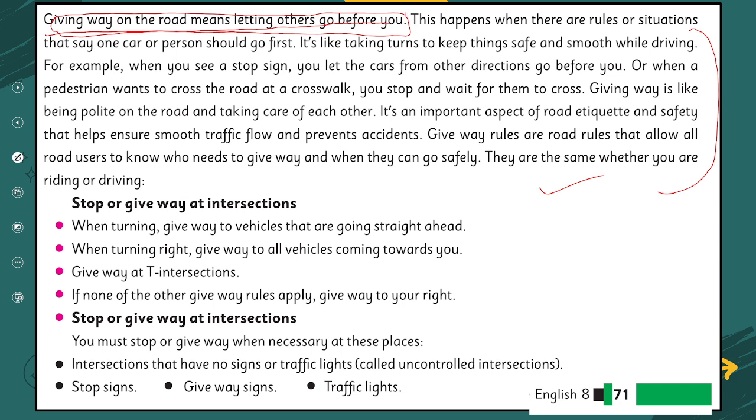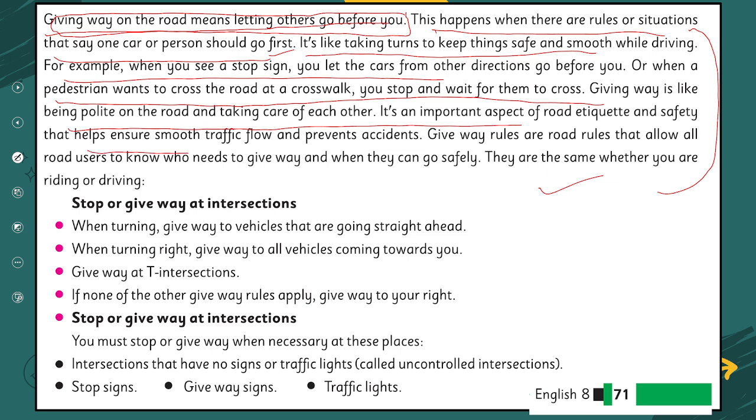As a driver, if you're driving, your vehicle should give some space to others to let them pass, or the pedestrians as well. And this happens when there are rules or situations that say one car or person should go first. And all these different sentences are actually making our topic sentence stronger with all these details.